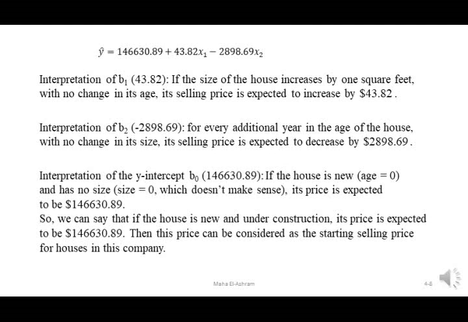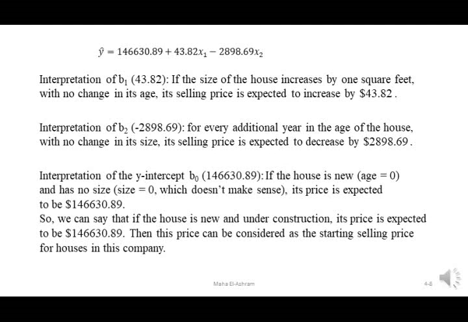Now the question we need to ask ourselves is: in our equation we have two independent variables. So if I want to interpret the coefficient of x1, I cannot neglect the coefficient of x2. That's why I cannot interpret b1 without mentioning the second variable x2. So usually in multiple regression, here is how you interpret the coefficients.